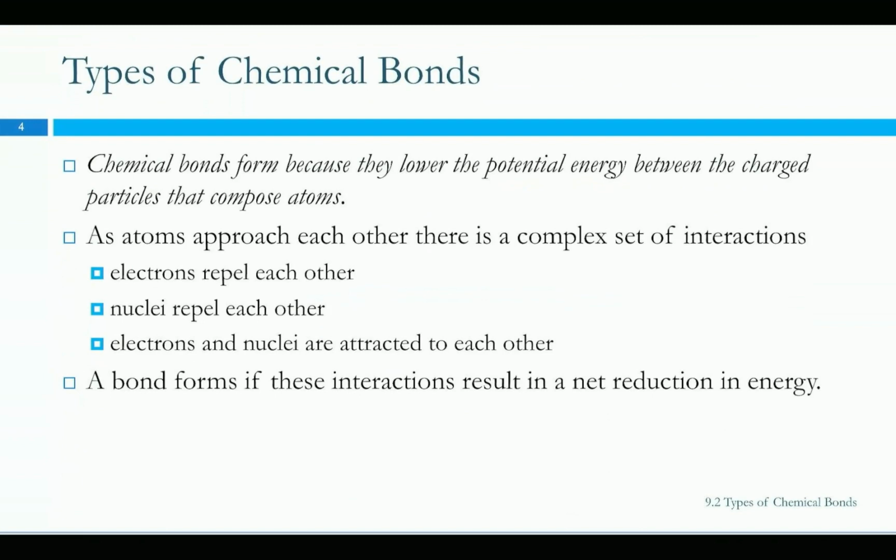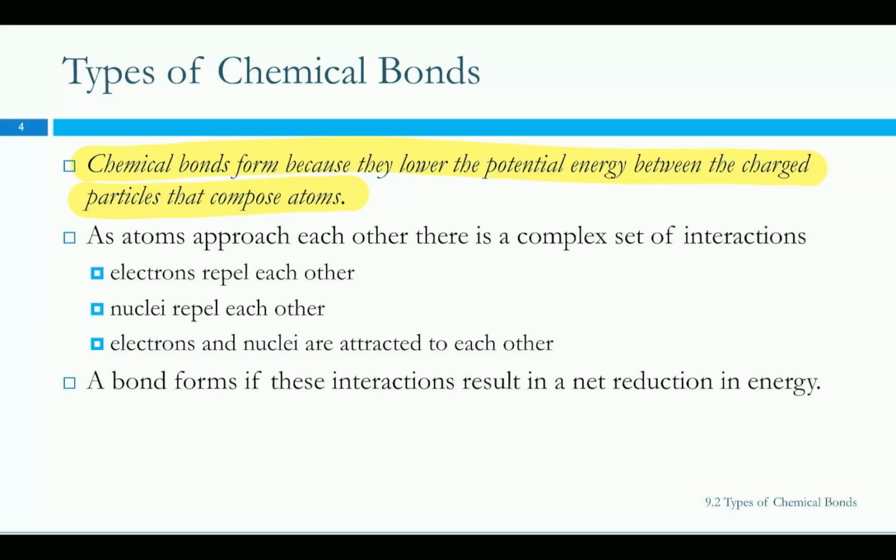The reason that chemical bonds form is to lower the potential energy between the charged particles that compose atoms, right? Because we've got electrons that are negatively charged, we've got protons in the nucleus, and the nucleus is positively charged, but we also have some attraction between electrons and nuclei.